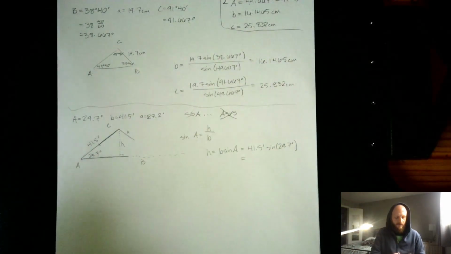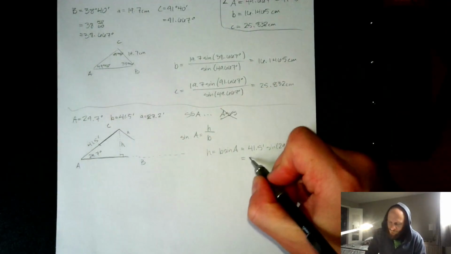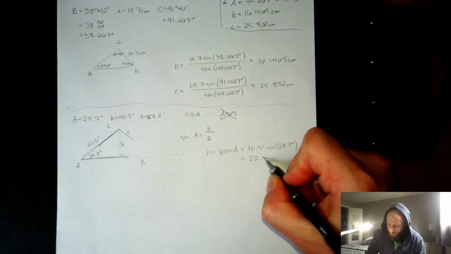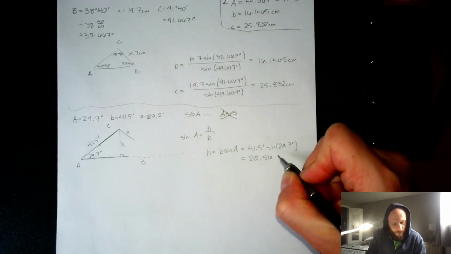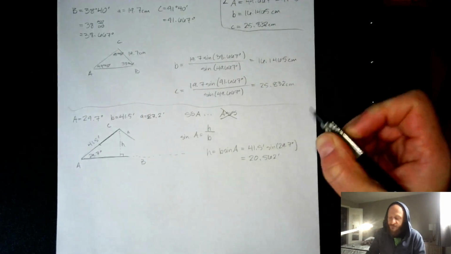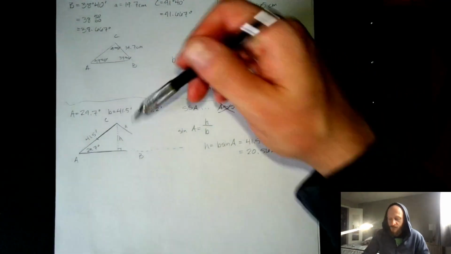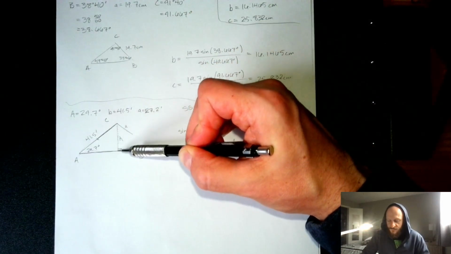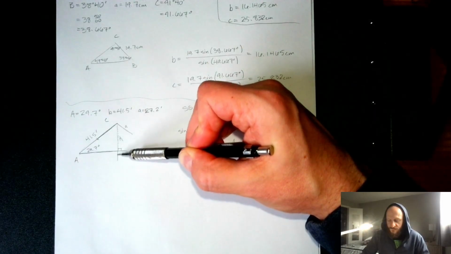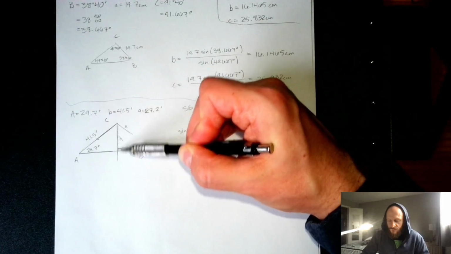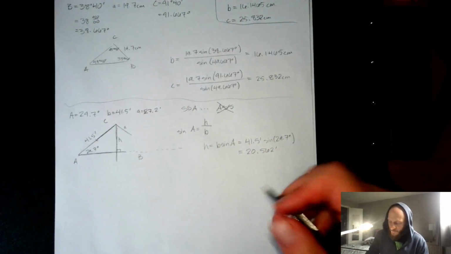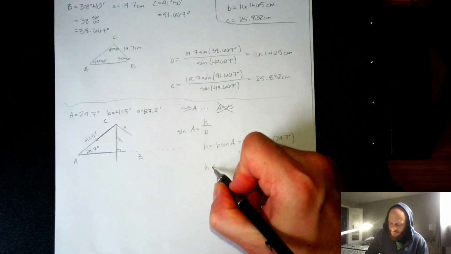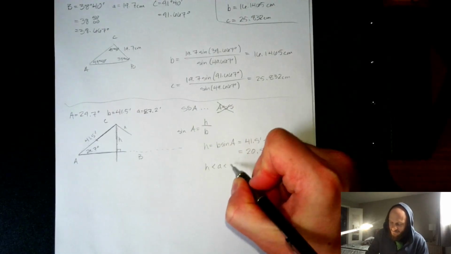And that is roughly 20.562 feet. Yeah, good to go. So we have a case here where H is less than A and A is less than B.